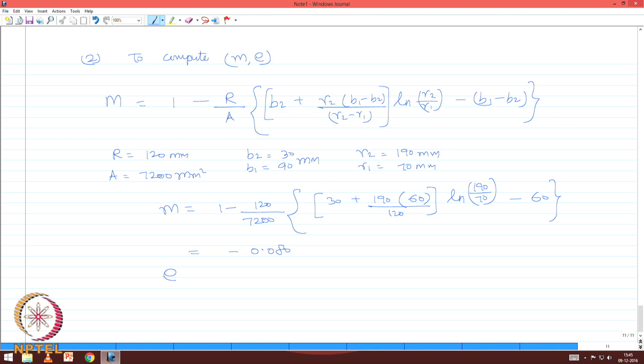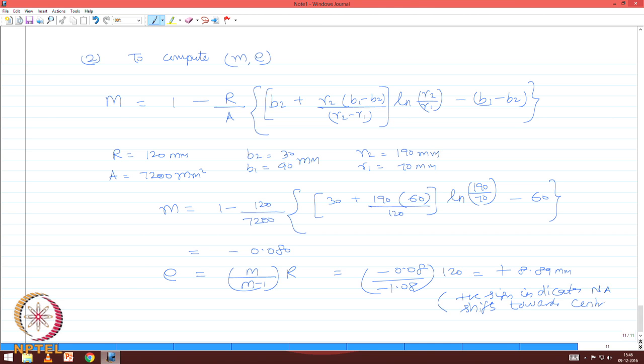Therefore, E as we know is M by M minus 1 into R. So, minus 0.08 by minus 1.08 into R, which is 120, which indicates a positive value of 8.89 millimeters, which indicates that positive sign means the neutral axis shifts towards the center of curvature.